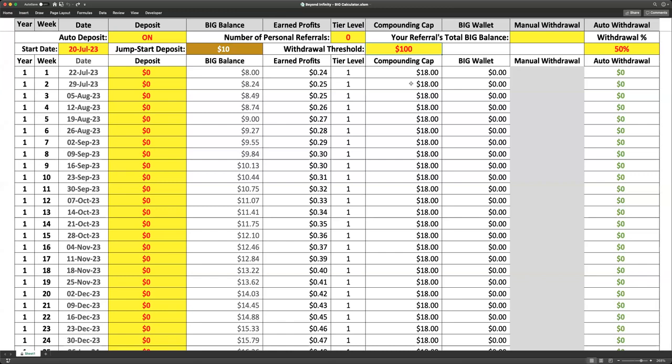Once they receive a PIF, a pay it forward, then you get credit for every 5 who qualify in that manner.